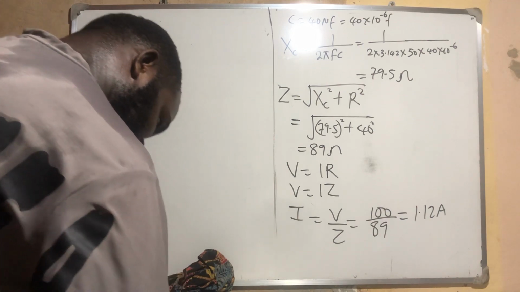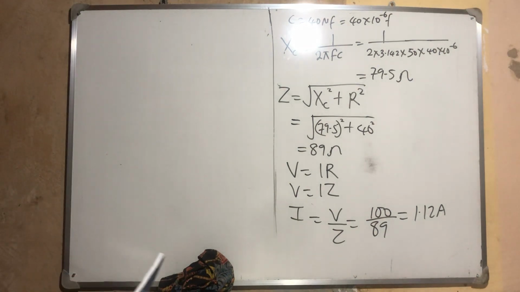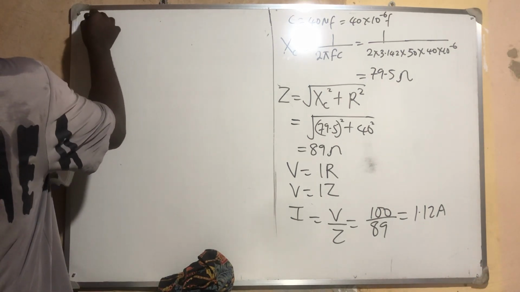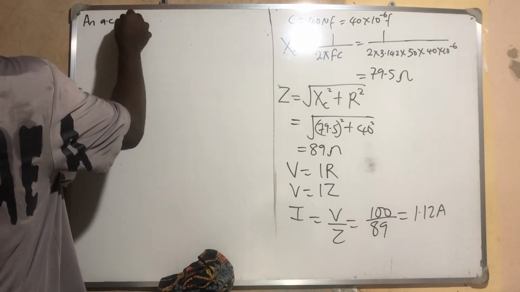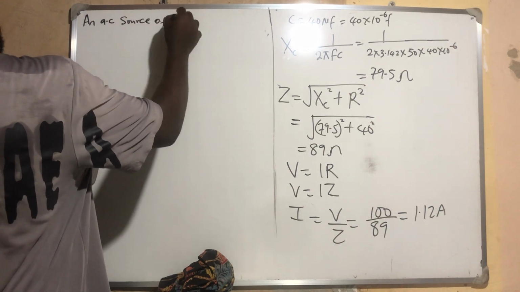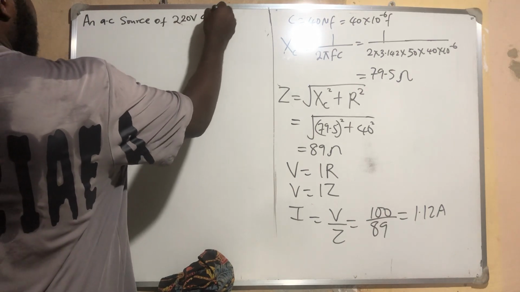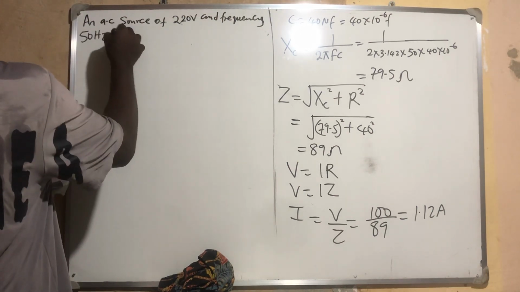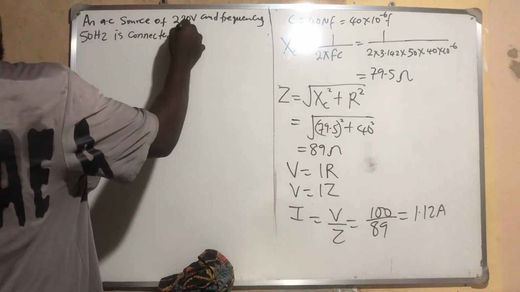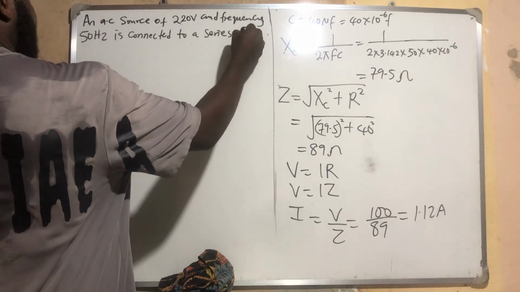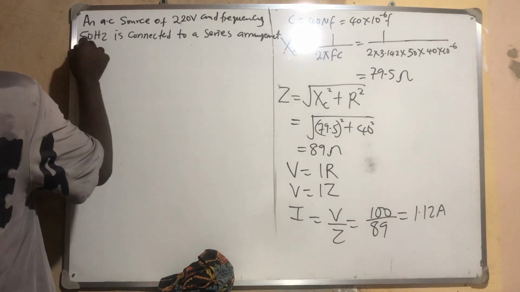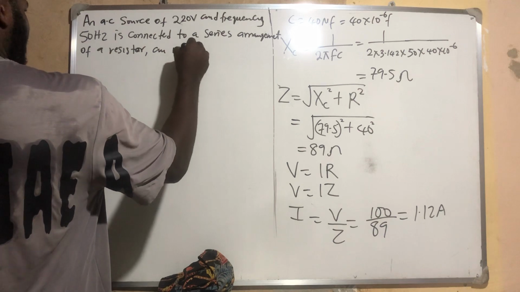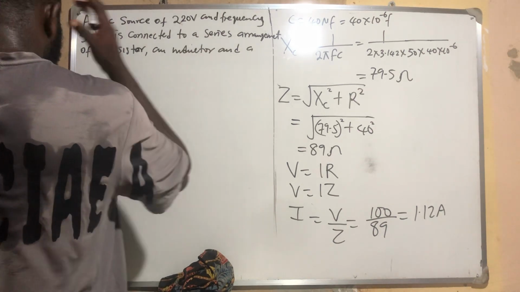So the next question here said an AC source of 220 volts and frequency 50 hertz is connected to a series arrangement of a resistor, an inductor and a capacitor.